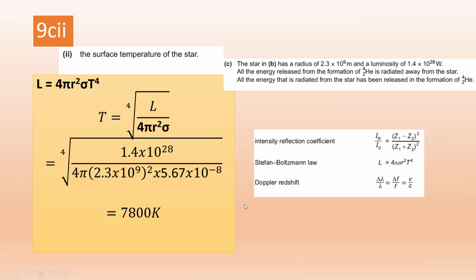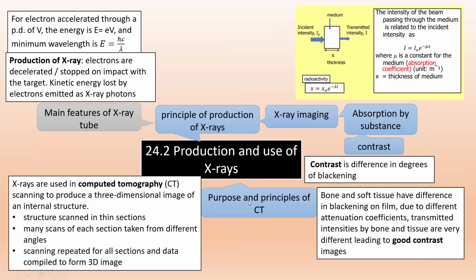Right, this is production of X-ray. Just summarize for you the things that have come out before. We have done contrast. And this one radioactivity, forgotten the formula, just replace it with I, I naught.